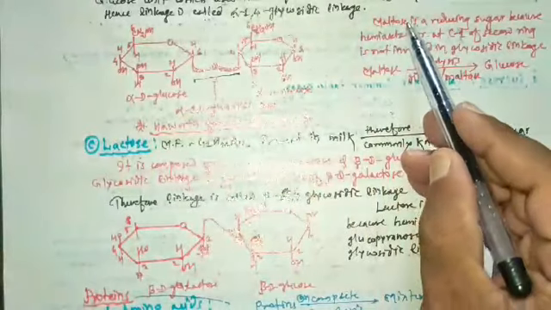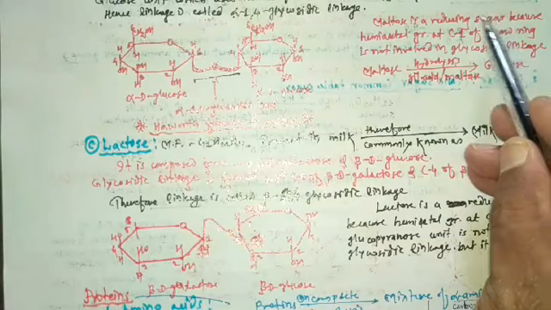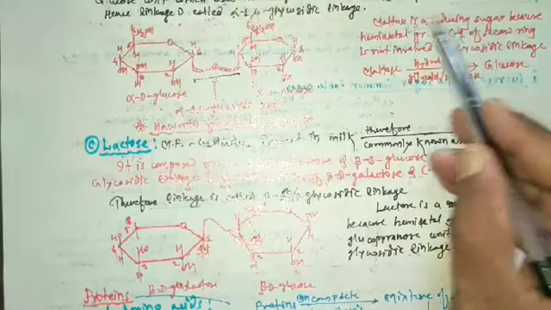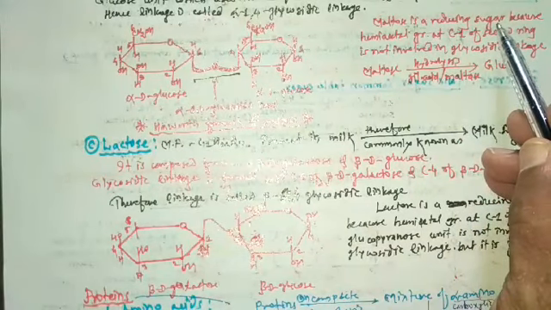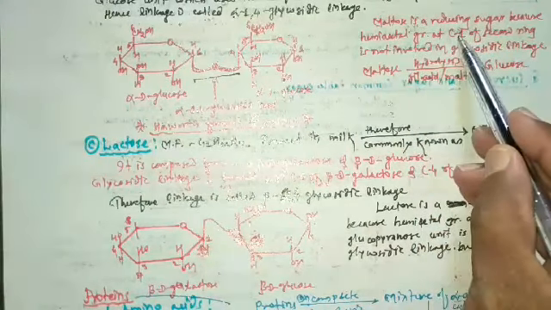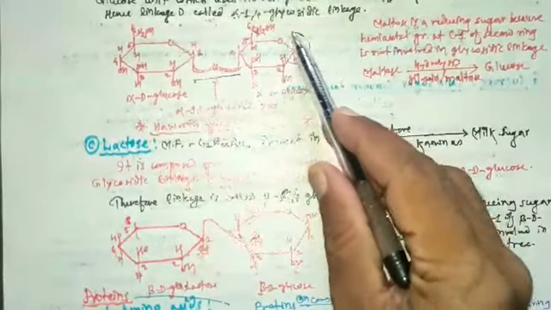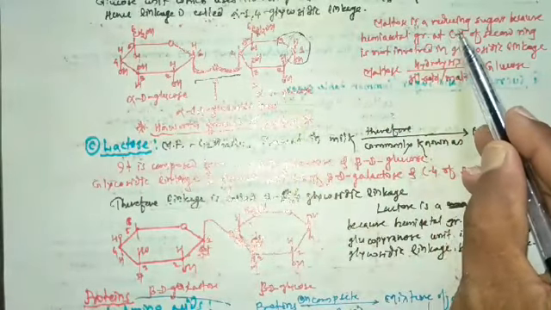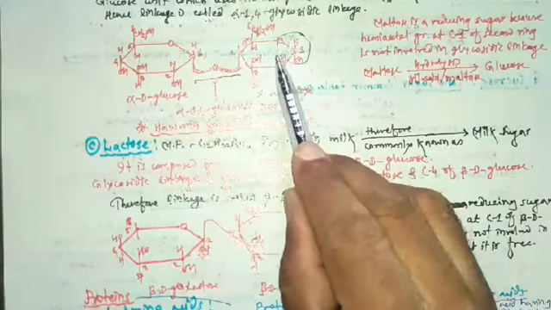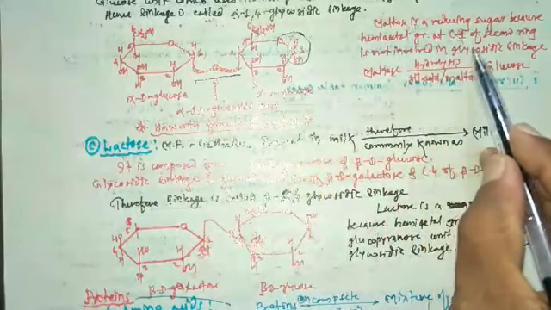So maltose is a reducing sugar. Previously we studied that sucrose is a non-reducing sugar, but maltose is a reducing sugar. Why is this a reducing sugar? Because the hemiacetal group at C1 of the second unit, this one, is not involved in the glycosidic linkage.